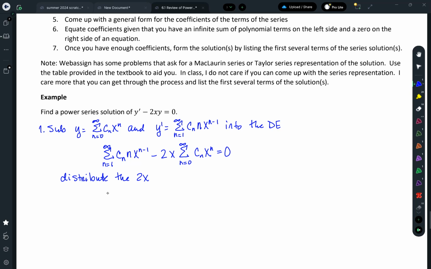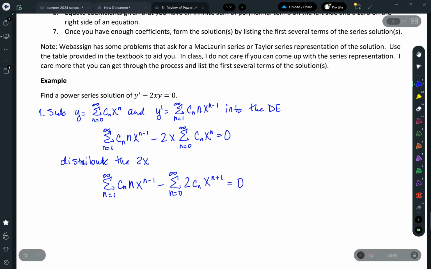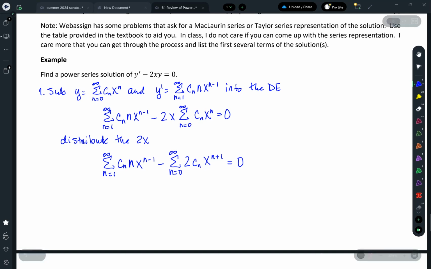So when I distribute them, I end up with the sum n is 1 to infinity c sub n x to the n minus 1 minus the sum n goes from 0 to infinity of 2 c sub n. That x will combine with the x to the n so that I have x to the n plus 1. And the sum is equal to 0. All right, the next step is to shift the indices.